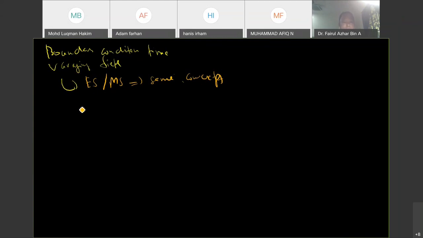Whereas if we have any two media, let's say we have dielectric and dielectric, we will have E1T equal to E2T, and D1N minus D2N equal to rho S. This one is for the electric field.